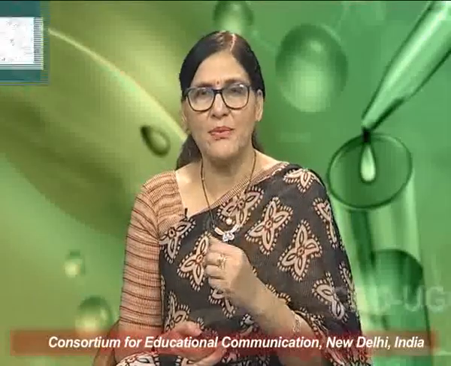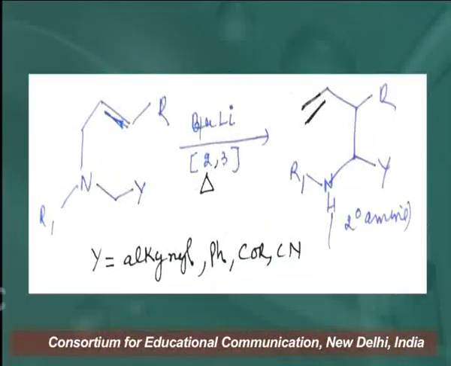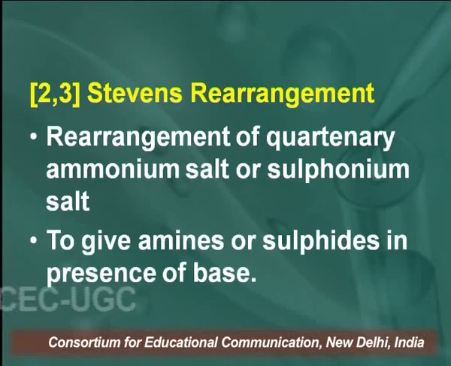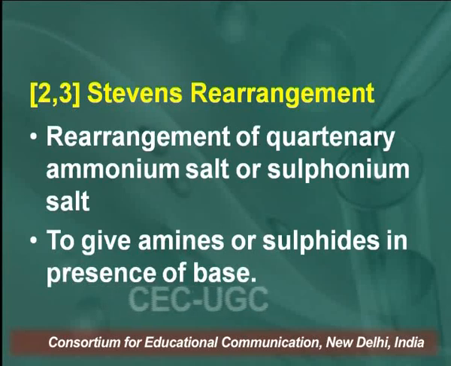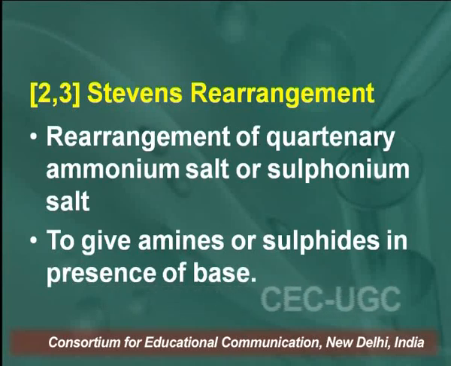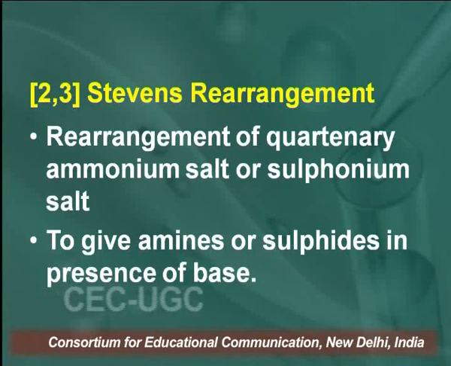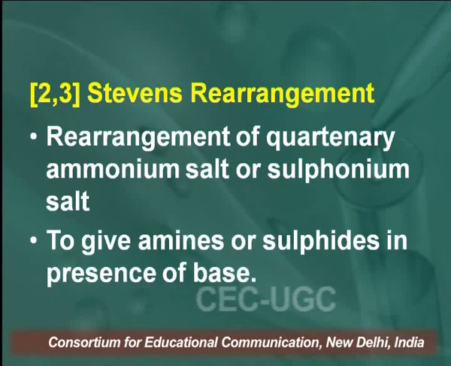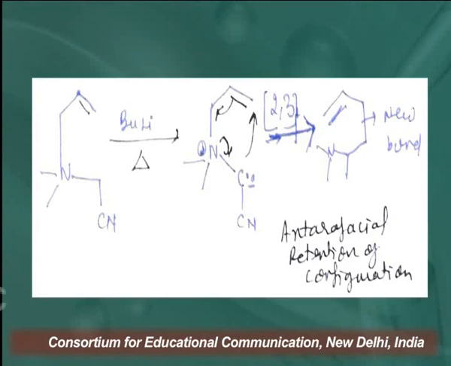This is the example we are looking at, where we get a secondary amine. Another very important sigmatropic rearrangement is the 2,3 Stevens rearrangement, where rearrangement of quaternary ammonium salts or sulfonium salts takes place in the presence of base, and we get a very stable product.